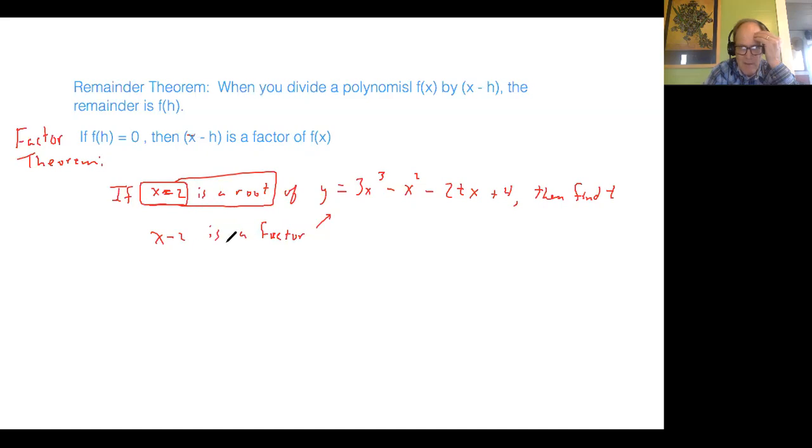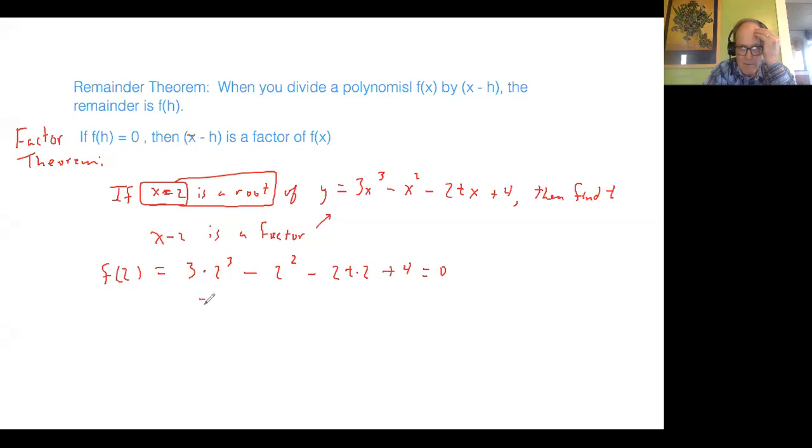And if this is a factor, then f of 2 must equal 0. So I'll fill in the 2 into the x spots. And that should be 0 according to the factor theorem.